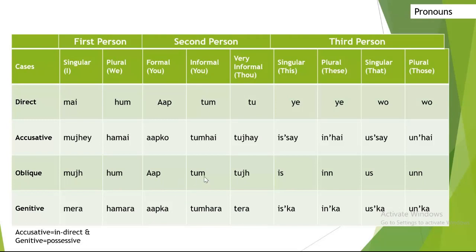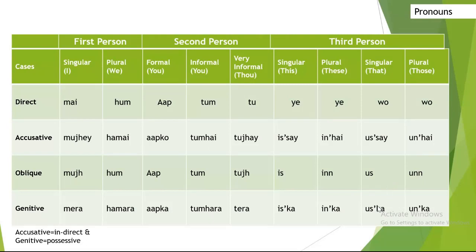Then ये तुम्हारा कलम है. ये तेरा कलम है. Now third person, ये इसका कलम है. ये इनके कलम है.